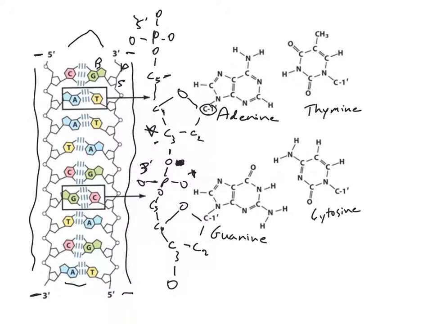The anti-parallel strand is basically in the opposite direction. So you basically have your sugar looking like this. Sorry, that's the phosphate group in the middle there.